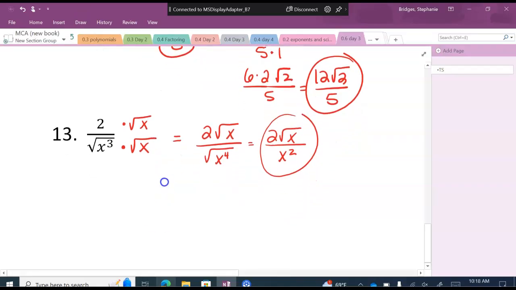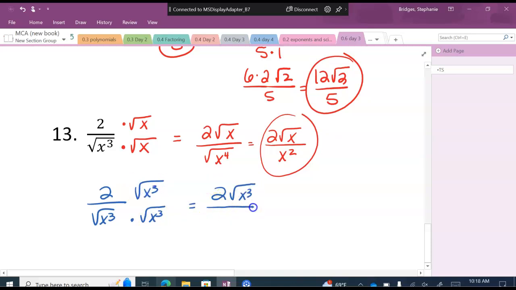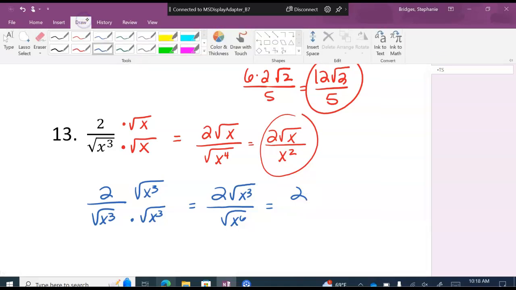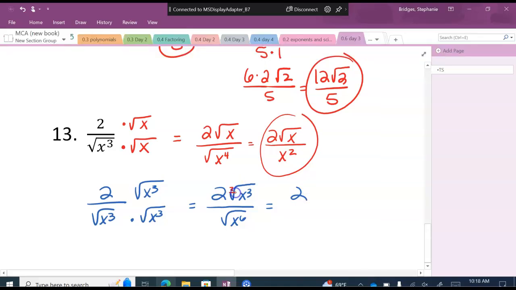However, if you didn't think about it like that and you did exactly what we've been doing, and we multiplied it by x to the third, or the square root of x to the third. First of all, at the top, looking at your radical, doesn't the square root of x to the third simplify a little bit?